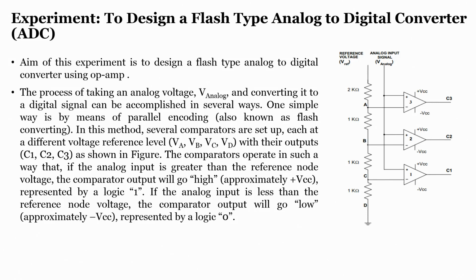Generally speaking, if you are using some n number of bits, the number of comparators that we require is 2 power n minus 1. Suppose I am using an 8-bit converter, we require 2 power 8 minus 1, 256 minus 1, 255 comparators.